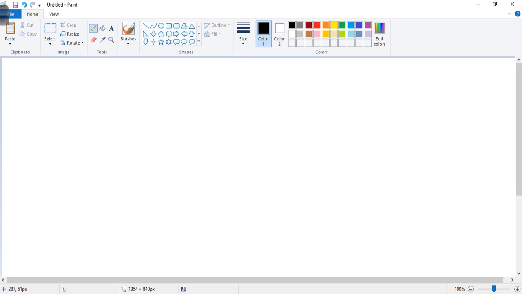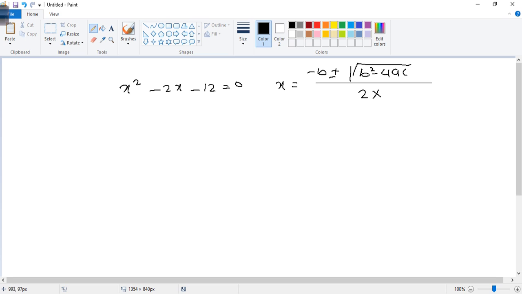Look at this question here, x squared minus 2x minus 12 equals 0. We have the formula, x equals minus b plus minus square root of b squared minus 4ac, divided by 2 times a.